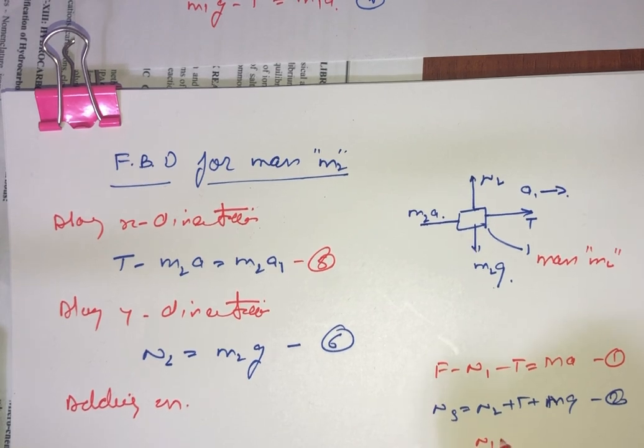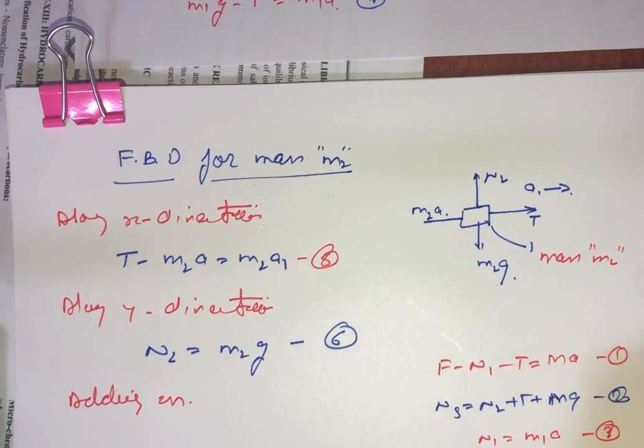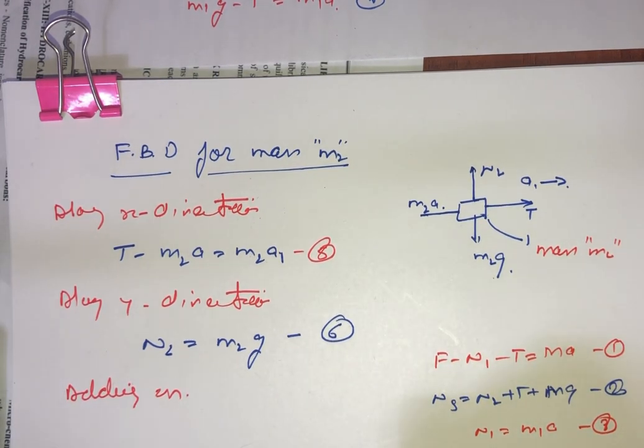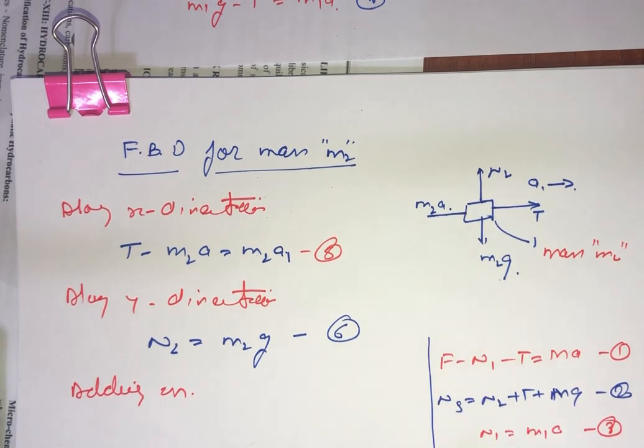Equation number 3 is N1 is equal to m1a, and equation number 4 is given as m1g minus T is equal to m1a1. And 5 and 6 we already have here.